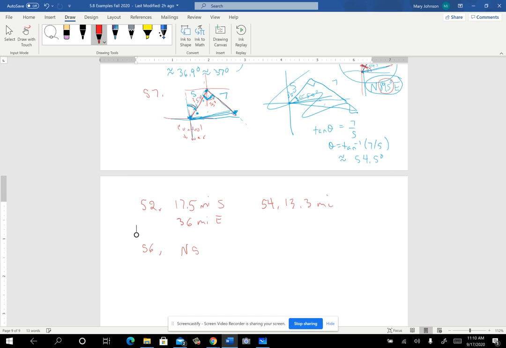It turned out to be north 56 degrees west. And then on 58, it wanted the bearing of the ship from the port, and that one would turn out to be north 82.5 degrees west. Okay. So if you want me to go over any of those, just let me know and I can do that. Just wanted you to have some exposure to those bearing problems.